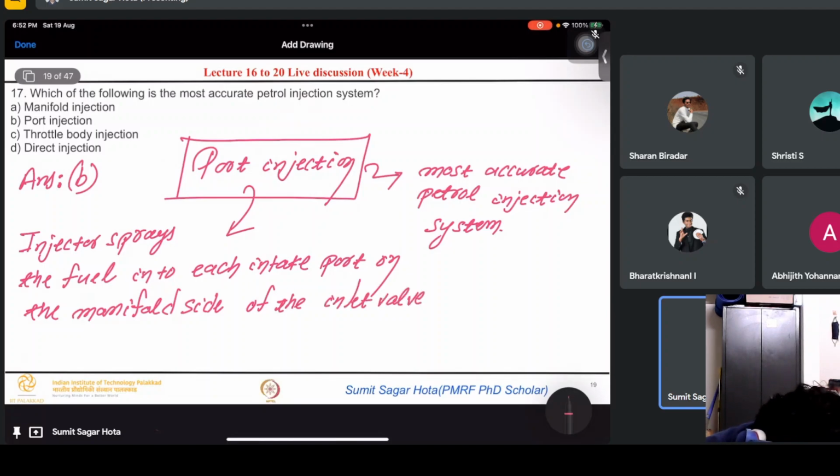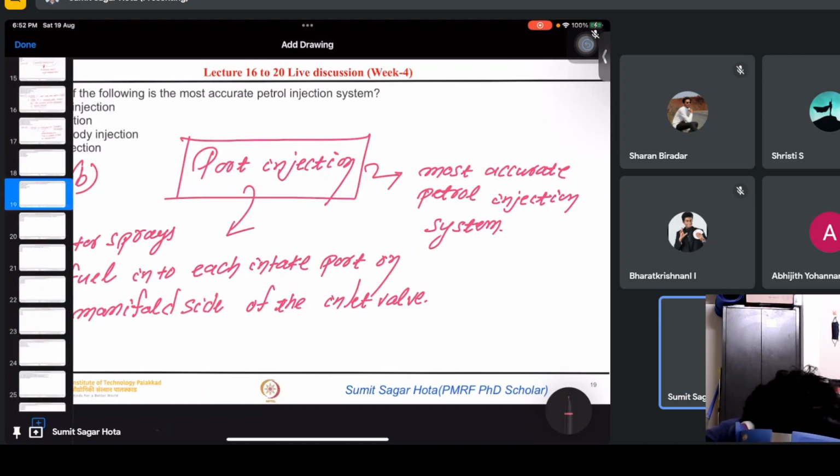So the injector will spray the fuel into the intake port, where the inlet is. This is the work of a port injection, which cannot be done by other injection systems. That's the reason a port injection system is used in petrol engines.